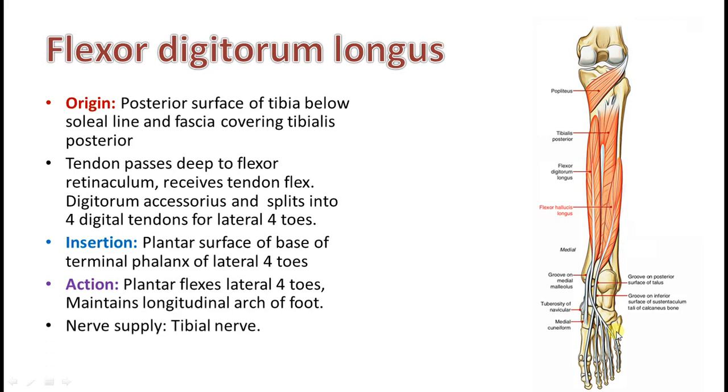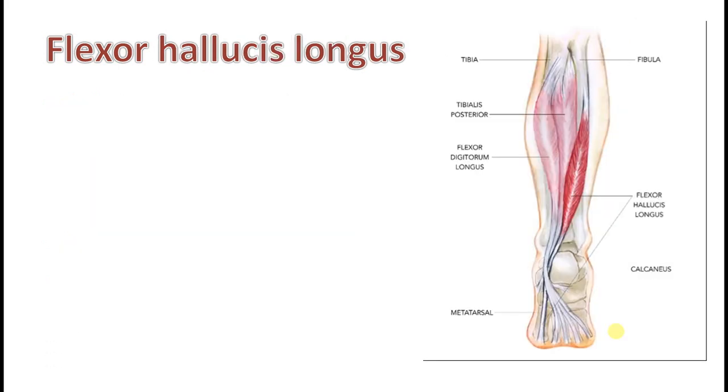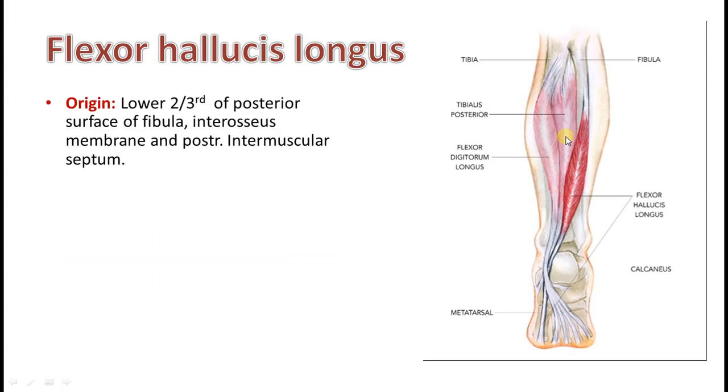The next muscle which we are going to see is the flexor hallucis longus. Flexor hallucis longus is again a very bulky muscle. It arises from the posterior surface of the fibula, and it also covers and overlaps the tibialis posterior muscle.